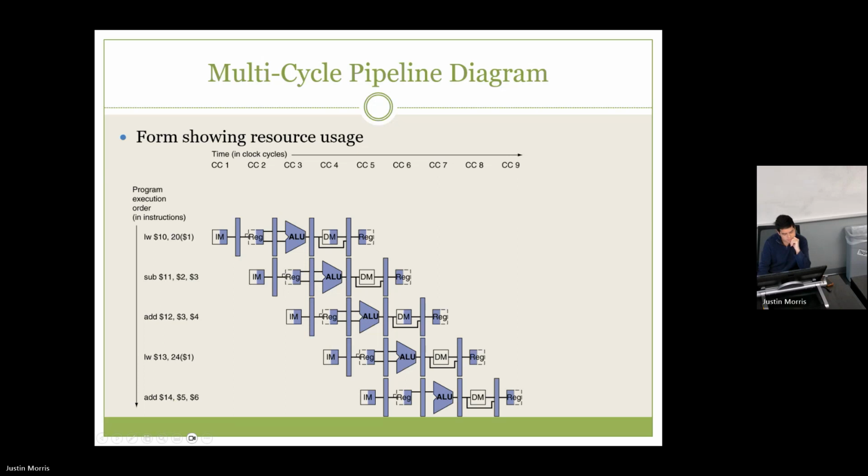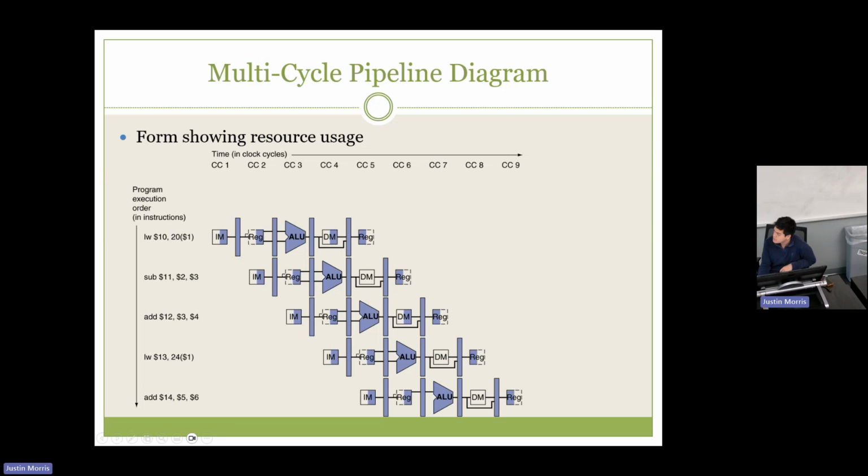And then in the same cycle, we have the add in the execute stage, the second load word in our instruction decode stage, and then this add is being fetched. So once we get to this clock cycle 5, our entire data path is being fully utilized.